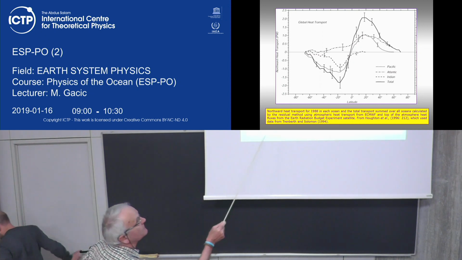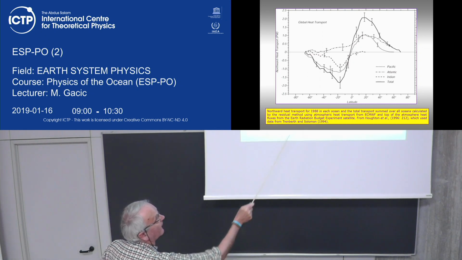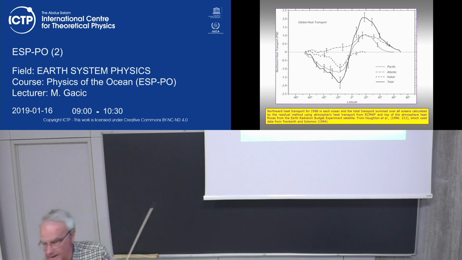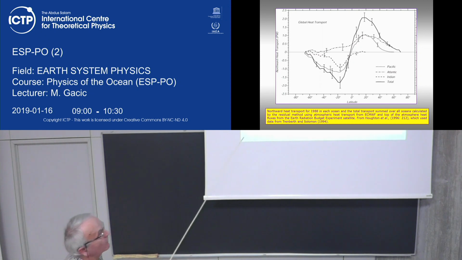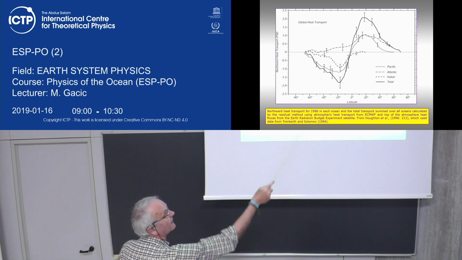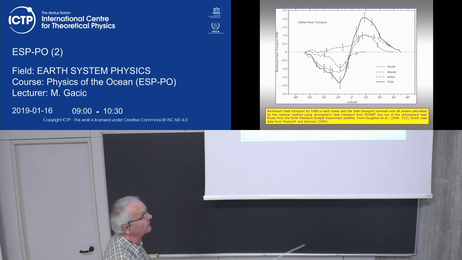So if you do the sum of all these, and obviously the Indian Ocean has only the southern component of this heat transport, because the Indian Ocean reaches only the equator and goes from the equator to the South Pole, you obtain this S-like curve, which really shows you how this transport is a function of latitude.